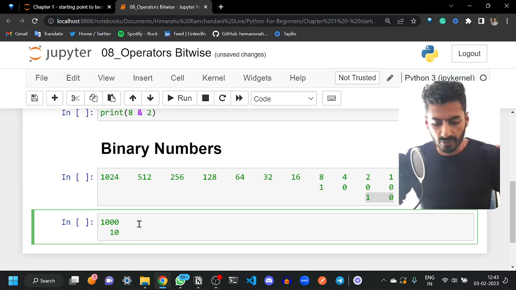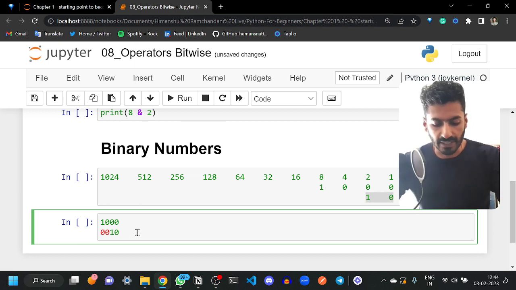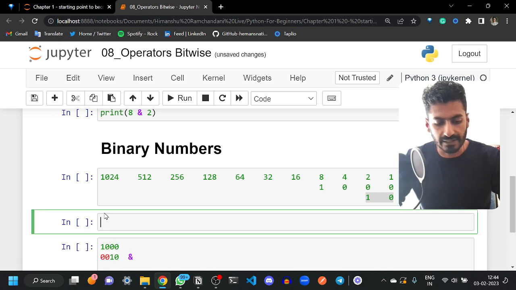You can put any number of zeros before any number, just like in mathematics. So this is the final binary of both the numbers. Now you have to calculate AND.